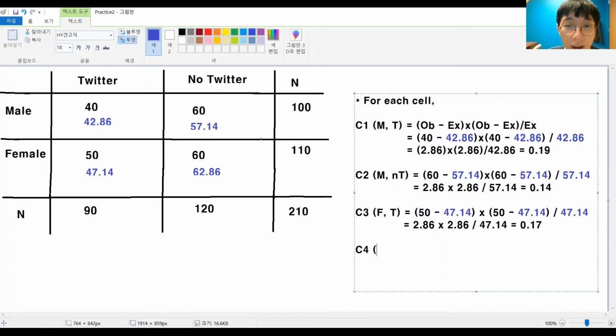And for the last cell, female with no tweeter account, we get the number from this cell. So observed count minus expected count, squared, and divided by the expected frequency.